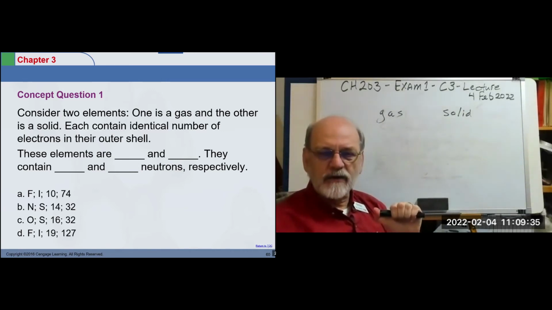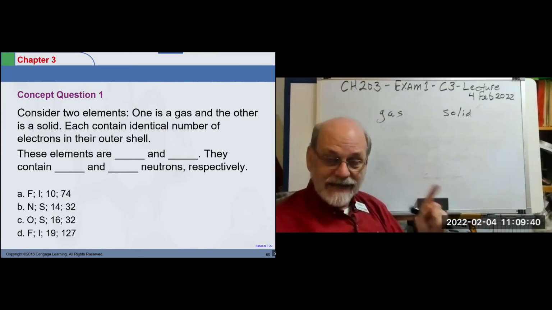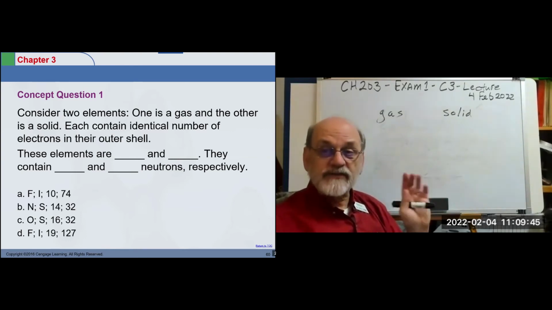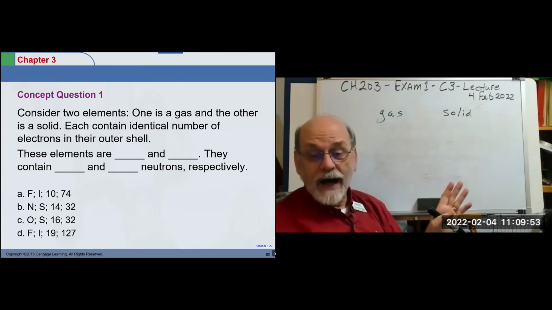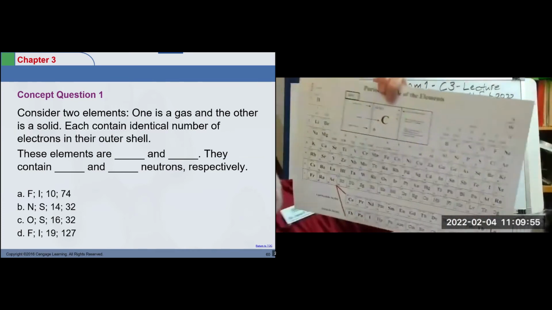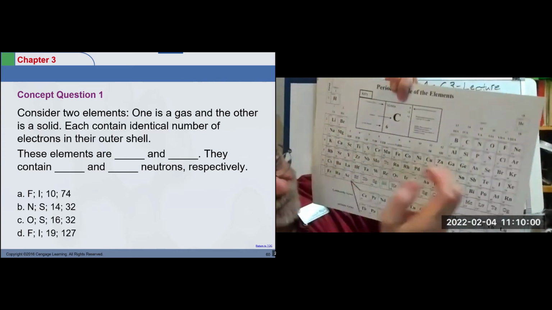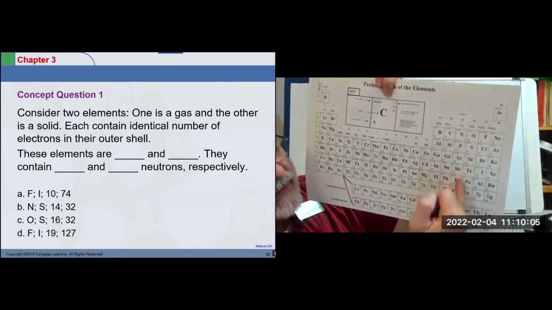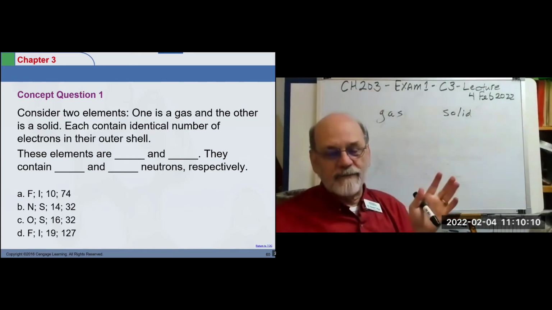Each contains an identical number of electrons in their outer shell. Aha! If they have identical numbers of electrons in their outer shell, that means they have to be in the same group. And if they're in the same group, you could still have a metal and a nonmetal. Why? Because of this stair step right here. So you could have a group here, and you could move vertically. You could go down from a nonmetal and end up in a metal. So we can't say that they're only nonmetals.